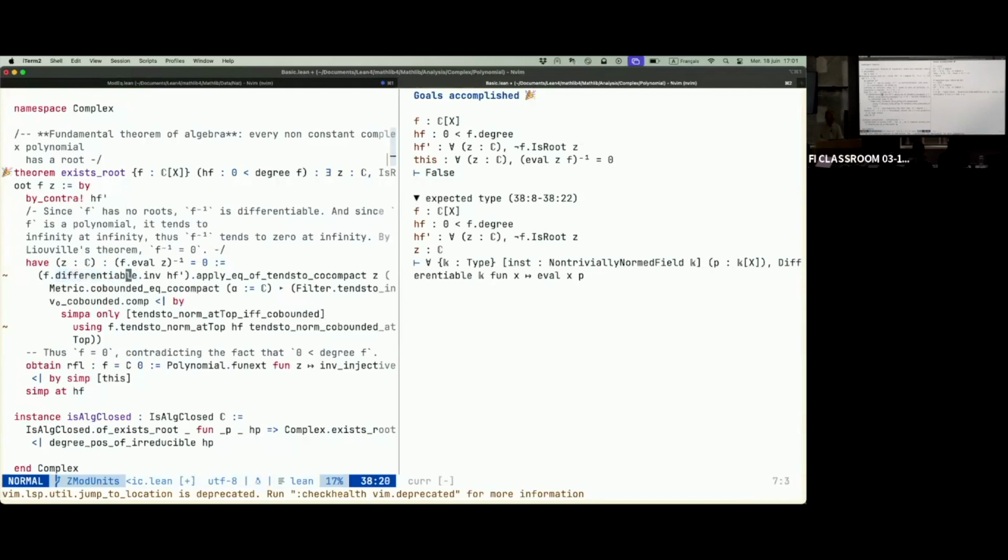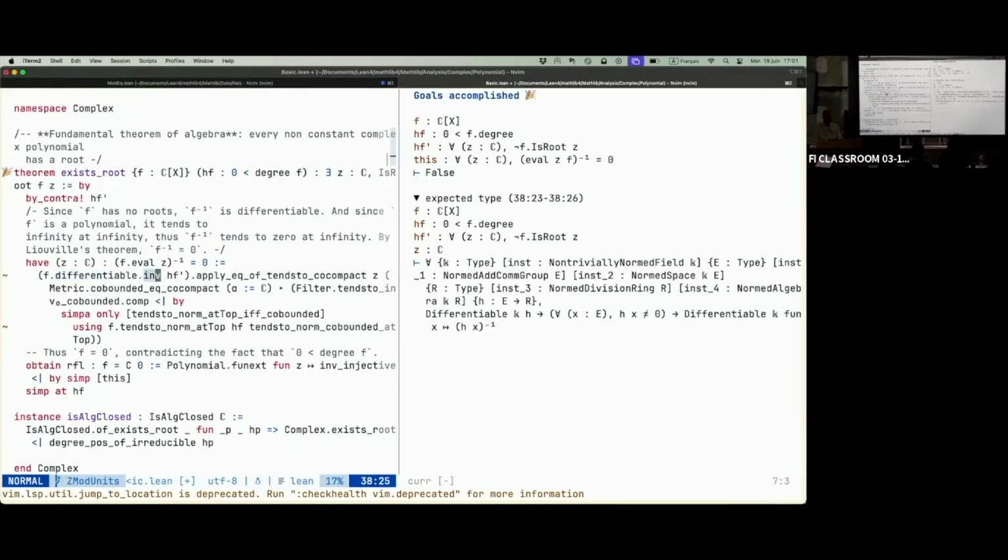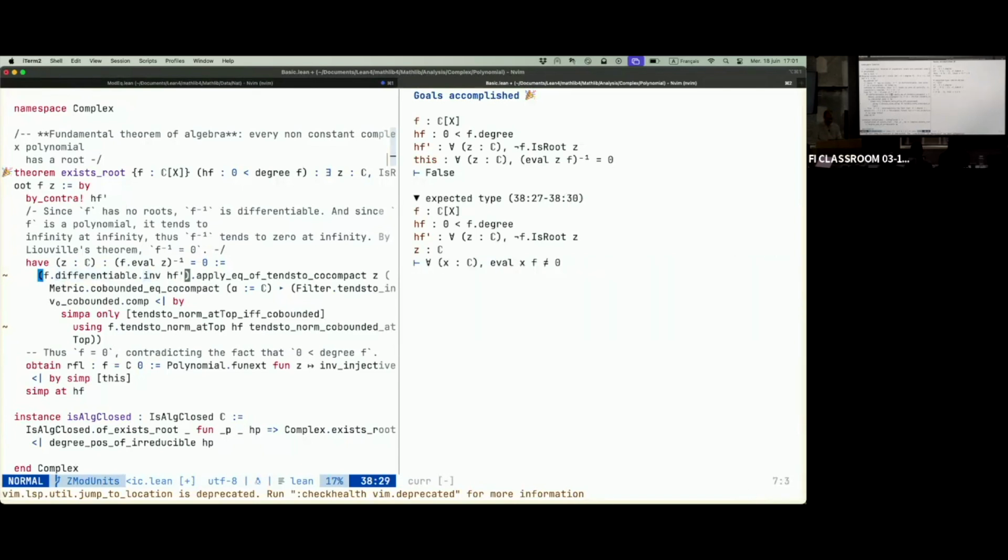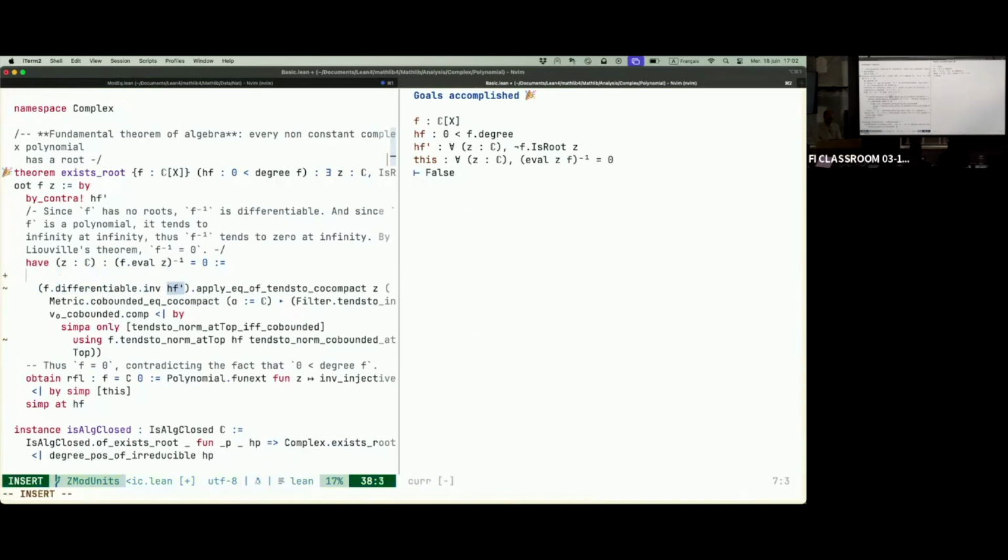So now we can apply f.differentiable. We just put a dot inv, and it says that f minus 1 is differentiable, probably. And so we need that it holds that the hf prime, it's only differentiable at points which are not roots. So maybe we should do that like this.